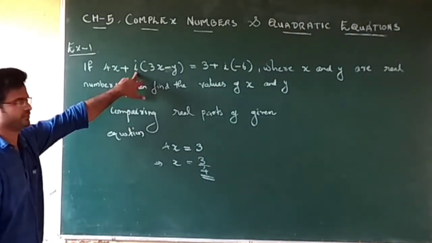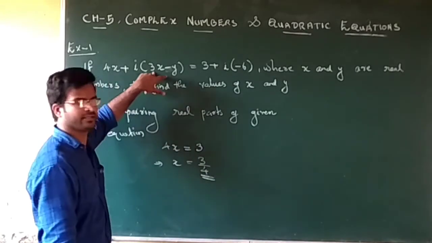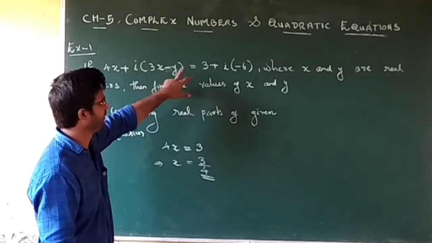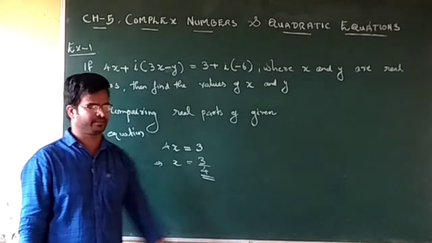We will compare the imaginary parts. What is the imaginary part on the left side? 3x minus y, isn't it? Then the right side is minus 6.